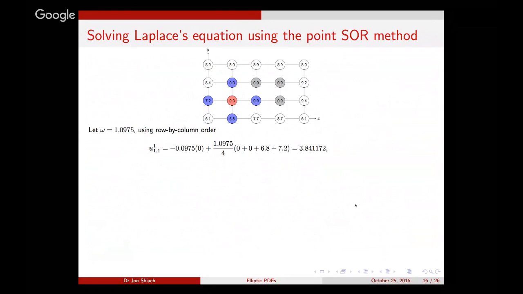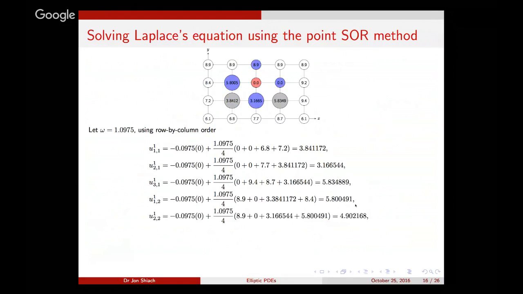So we've got 1 minus 1.0975 times the current value plus 1.0975 multiplied by our standard Gauss-Seidel formula. And keep going down, it's exactly the same way. And that's our first iteration done. We just have a slightly more involved iteration method.